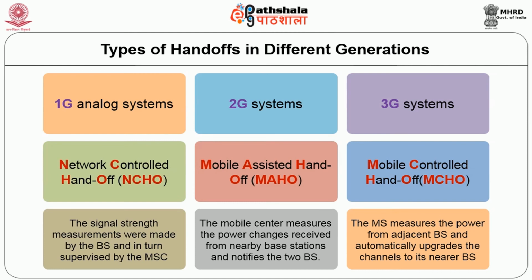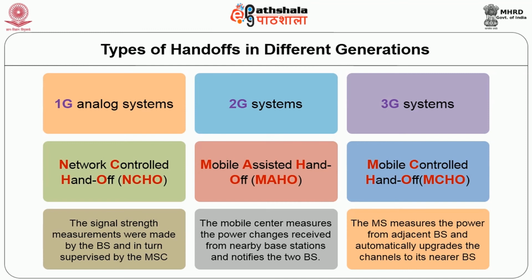The approximate time required to make a handover was about 5 to 10 seconds, and the power was 6 dB to 12 dB. Now as the technology evolved, in 2G systems the MSC was relieved from the entire operation. The handover decisions were taken by the mobile itself, and hence were known as mobile assisted handover, or MAHO.